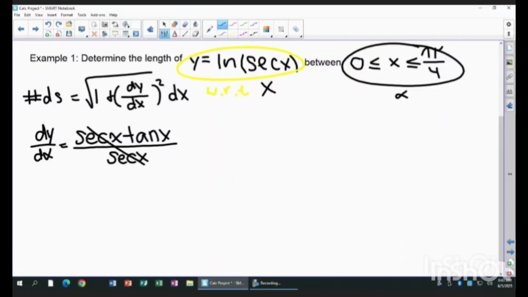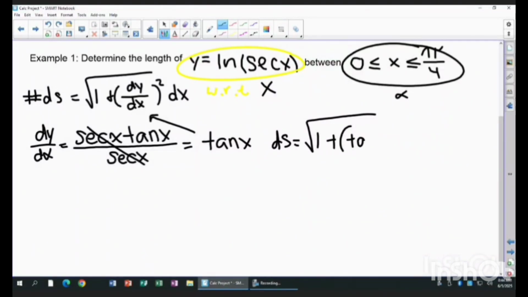These cancel out. The derivative is tan x. When we take this and plug it back into this equation, we get ds equals the square root of 1 plus the derivative, tan x, squared, dx.